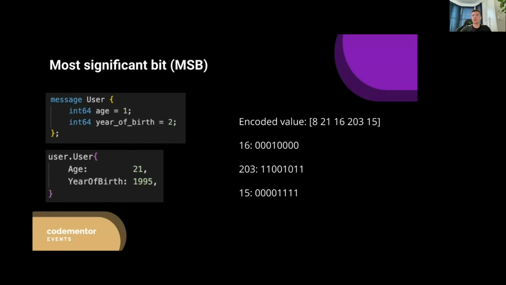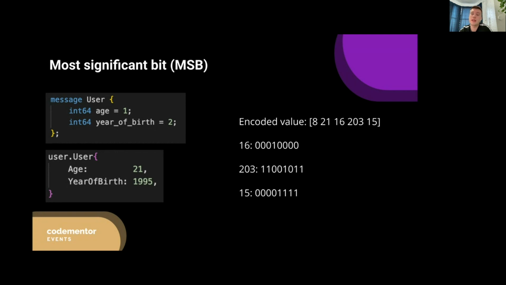Right, but why are the last 2 bytes 203 and 15? Okay, let's look into the representation that we have. First of all, the 203 starts with 1, which is important.